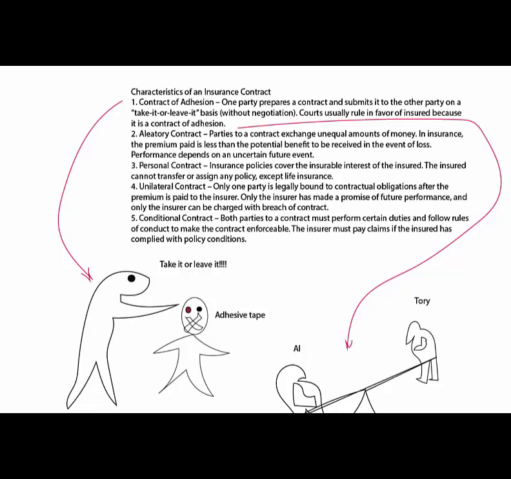Uni meaning one way, one party is bound contractually. The insurer has an obligation to indemnify, or to bring any loss to a whole position in the future. So only the insurer can be charged with breach of contract.